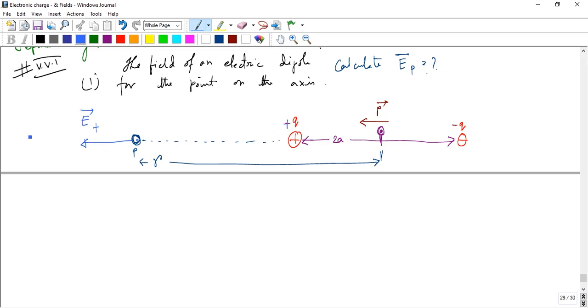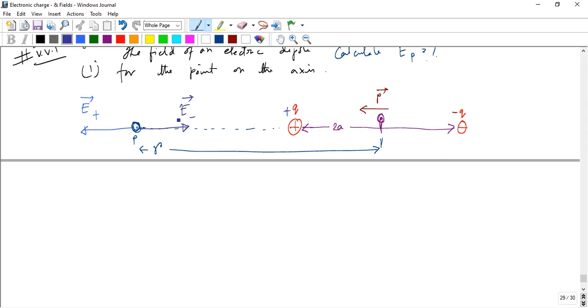Then at some distance we get a minus charge, plus Q and minus Q. And the electric field at point P with respect to minus Q is towards it. The field starts from positive and ends at negative, so E minus is towards the negative charge.